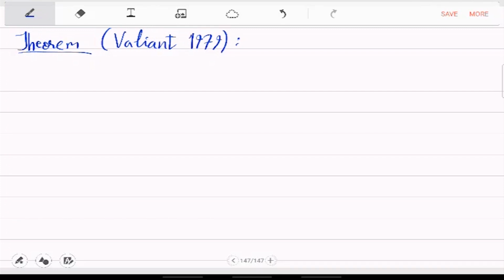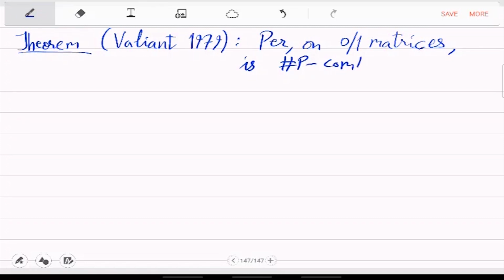So, we showed that permanent on 0-1 matrices is Sharp-P complete. Okay, that is what we showed.